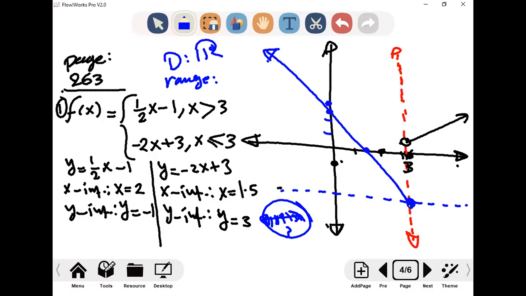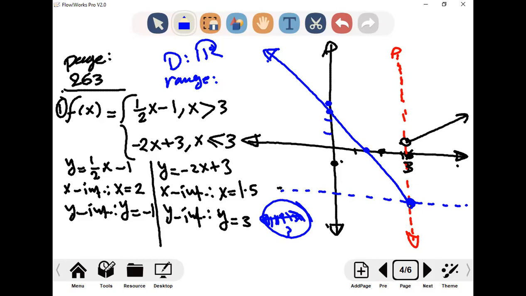Is there a line going down below it? No. So the lowest value for this function is at this point. How do we find it? How do we find it? Focus. How do we find it? In your book or in your sheet here, you can find it by looking.